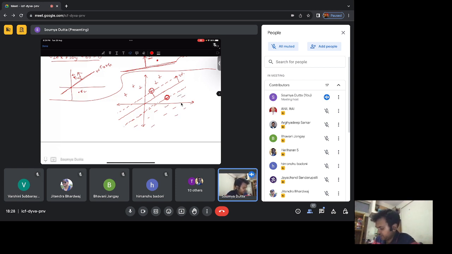Okay, suppose this is all that you have, and if I now draw this vector, let's say, this vector I am denoting as x plus, and this vector I am denoting as x minus. I hope the diagram is clear to you all.